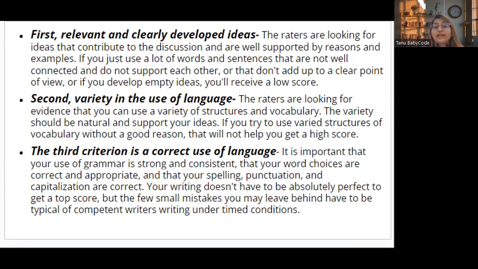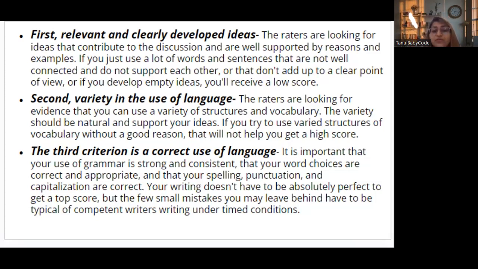Second is variety in the use of language. Raters are looking for evidence that you can use a variety of structures and vocabulary. The variety should be natural and should support your ideas. If you try to use varied structures or vocabulary without a good reason, it will not help you to get a high score, right?